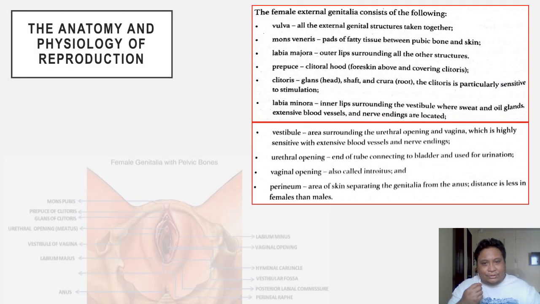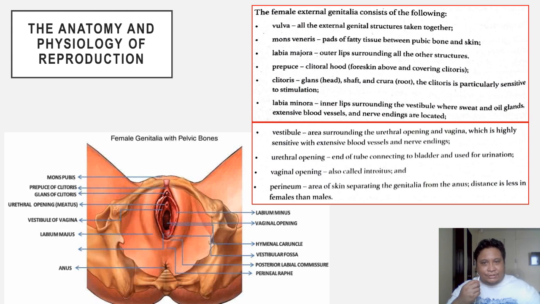Okay, so let's go over the external genitalia of the female. As you can see here in the drawing, this is the female genitalia with the pelvic bone. The pelvic bones are a round shape so as to allow the baby to come out at the final stage of her pregnancy.